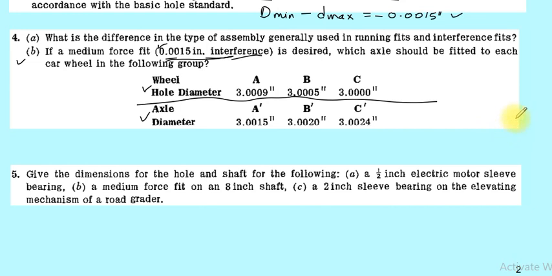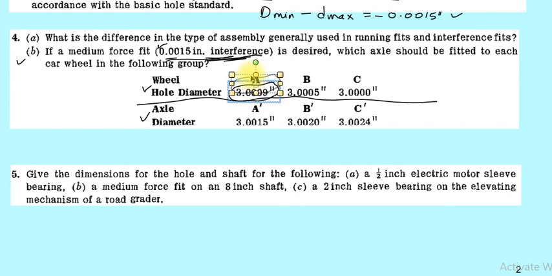So हमें इतनी इंटरफेरेंस चाहिए. सो अब आपने बेसिकली इसमें मैच मेकिंग करनी है कि ये जो A के अंदर होल है, ये कौन से वाले एक्सेल के ऊपर फिट हो तो आपको एग्जैक्टली इतनी इंटरफेरेंस मिले, राइट. सो उसके लिए अब आपको कम्बिनेशंस बनाने हैं. फॉर एग्जांपल आई कैन मेक वन कम्बिनेशन फॉर यू.